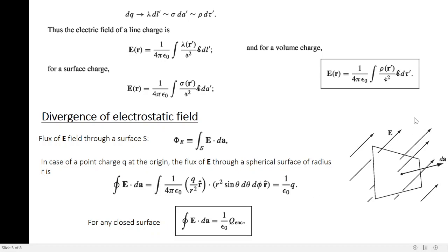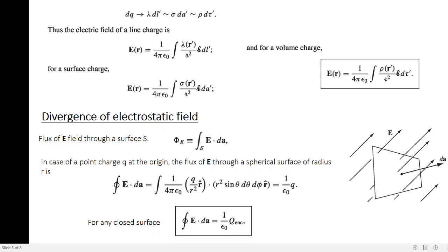Now, suppose you have a region in which the electric field is E and you have a surface S. The total number of electric field lines passing through that surface S is known as the flux through the surface. Flux is defined as the integral over the surface of E dot dA.